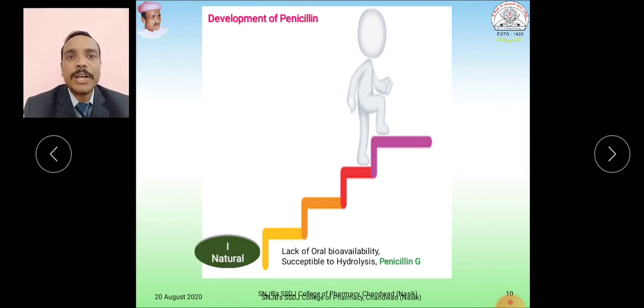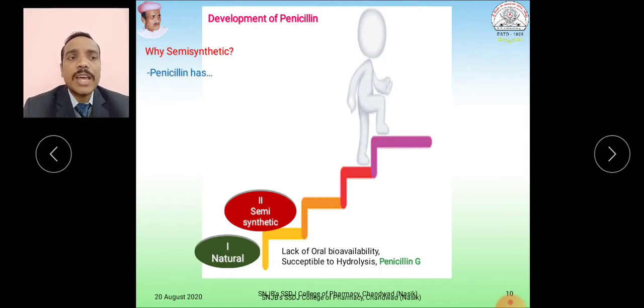When taken by the oral route, they were easily hydrolyzed by acidic as well as basic conditions, and by certain enzymes. Penicillin G was the example of natural penicillin. Then comes the semi-synthetic, the second generation. Why was there a need to develop semi-synthetic penicillin?